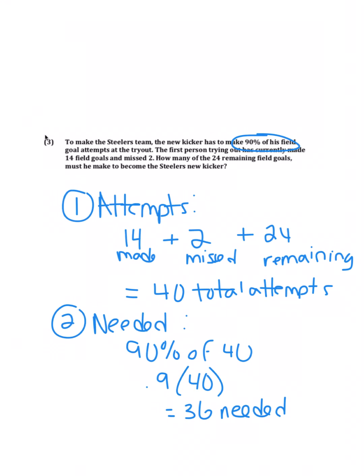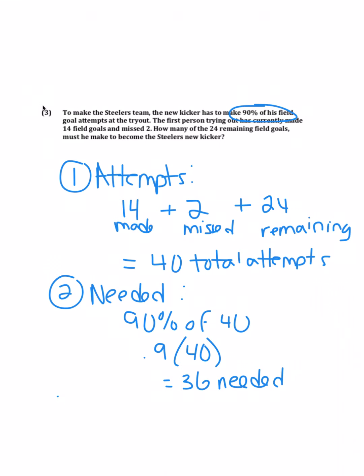That is not, however, what the question asked. The third and final step is to figure out how many of those 24 remaining that he needs to get in order to be the new kicker, considering he's partway through his tryout. So how many more?